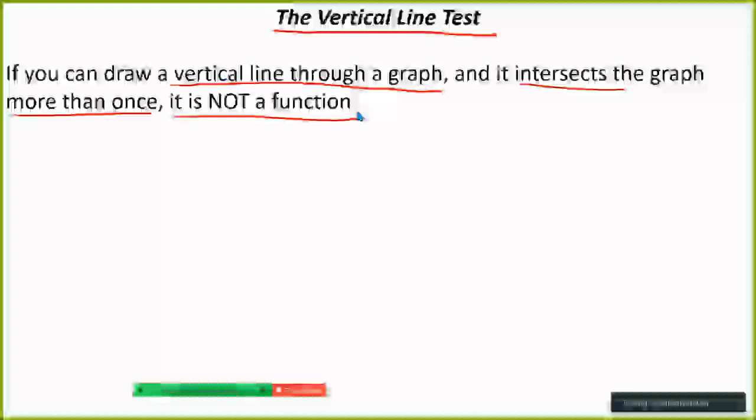If you draw the vertical line through the graph and it only intersects your graph one time, then it is a function. So what we're doing when we use the vertical line test is trying to disqualify a function. If it hits it twice or more, then it's not a function.